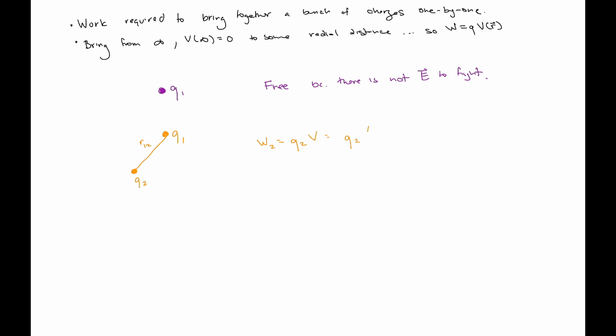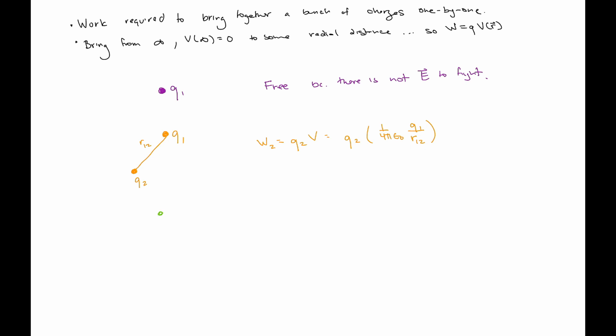That's going to be 1 over 4 pi epsilon naught times Q1, because it's the potential from that first charge. The potential that our second charge is going to feel at that particular radial distance depends on Q1 divided by that actual distance from the first charge. So that's our first charge that we're dragging in.